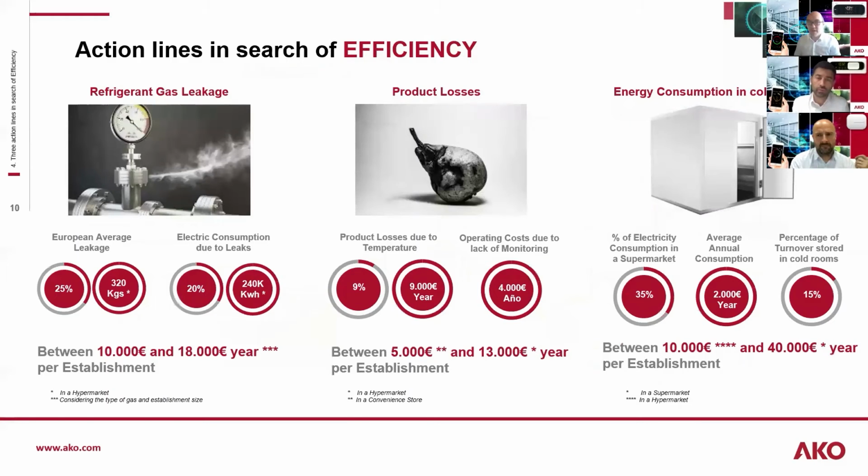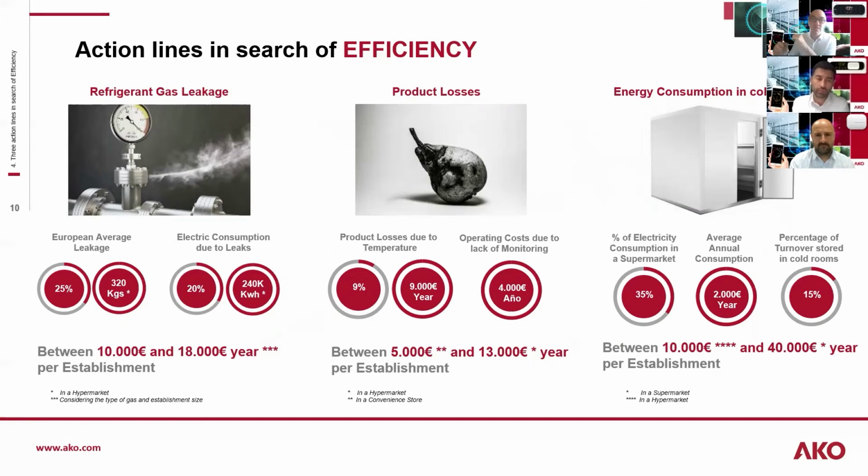So basically, we are proposing you 3 lines in search of efficiency. One is to reduce the refrigerant gas leakage. That is one of the main problems in the refrigerant market worldwide. Just to give you an idea, the European average leakage is about 25%.